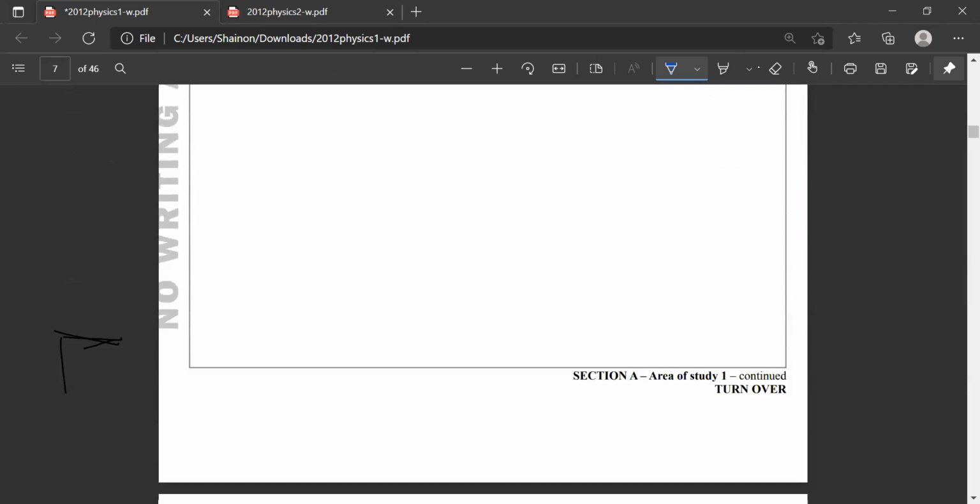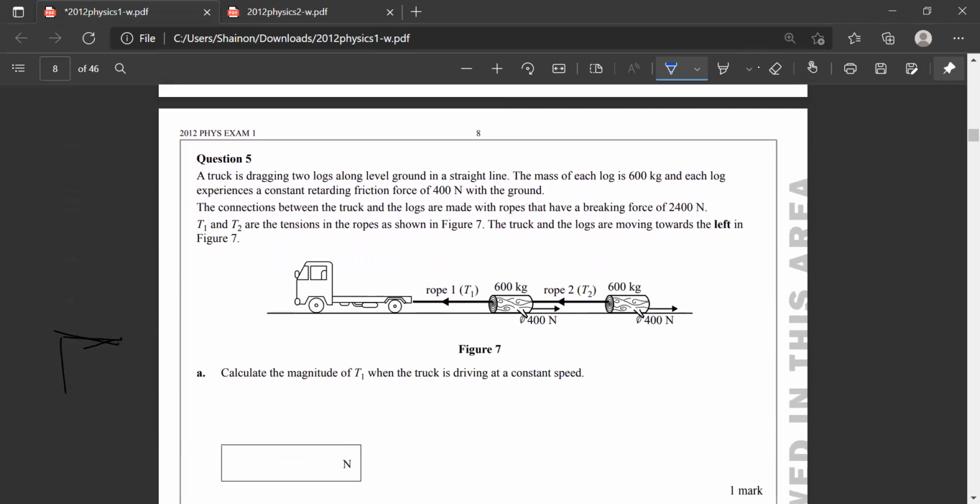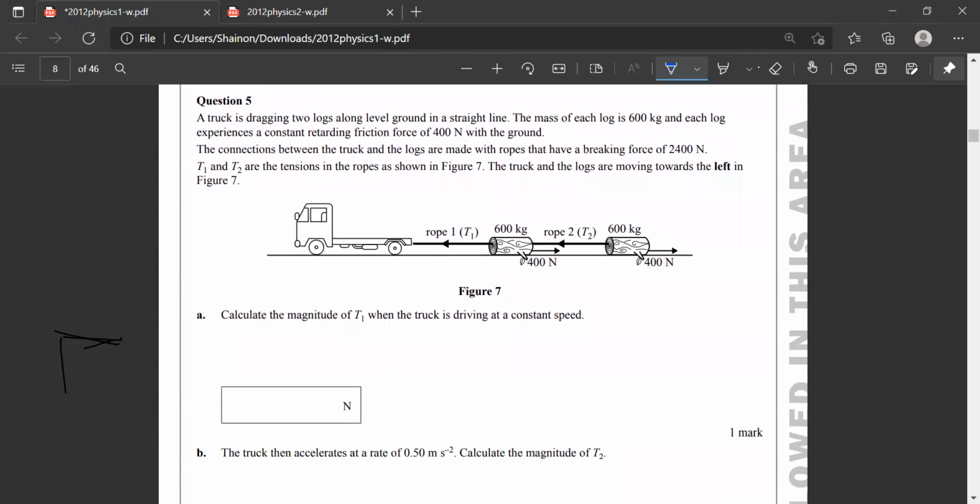Next question. Oh, this one. So the truck is dragging 2 logs along a level road with retardation forces of 400 newtons and 600 newtons. Calculate the tension.